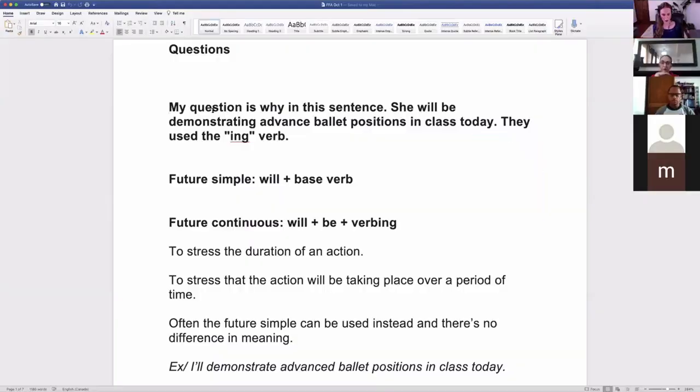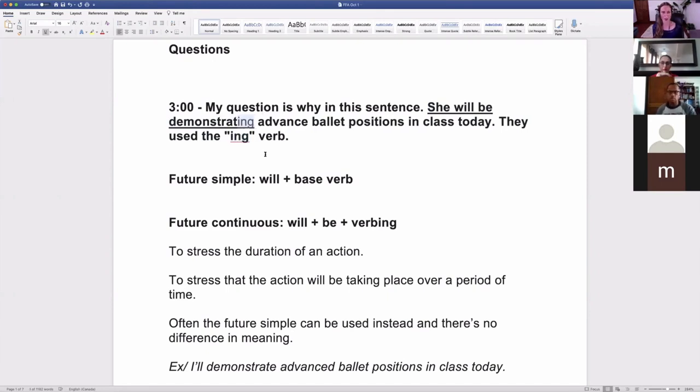The first question was, with this sentence, she'll be demonstrating advanced ballet positions in class today. So the student wanted to know, why are they using the ing verb here? That was the question, about this one specifically.